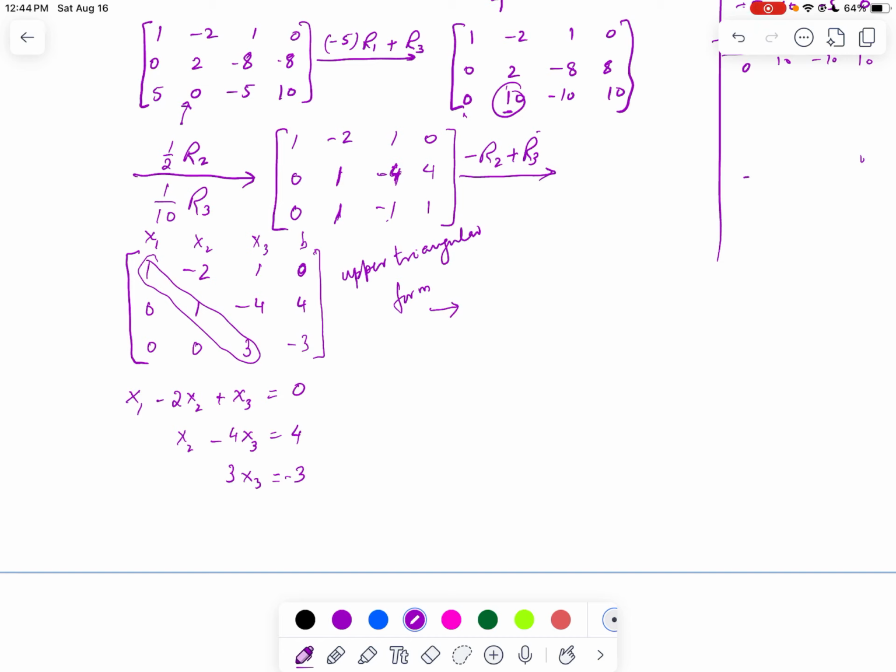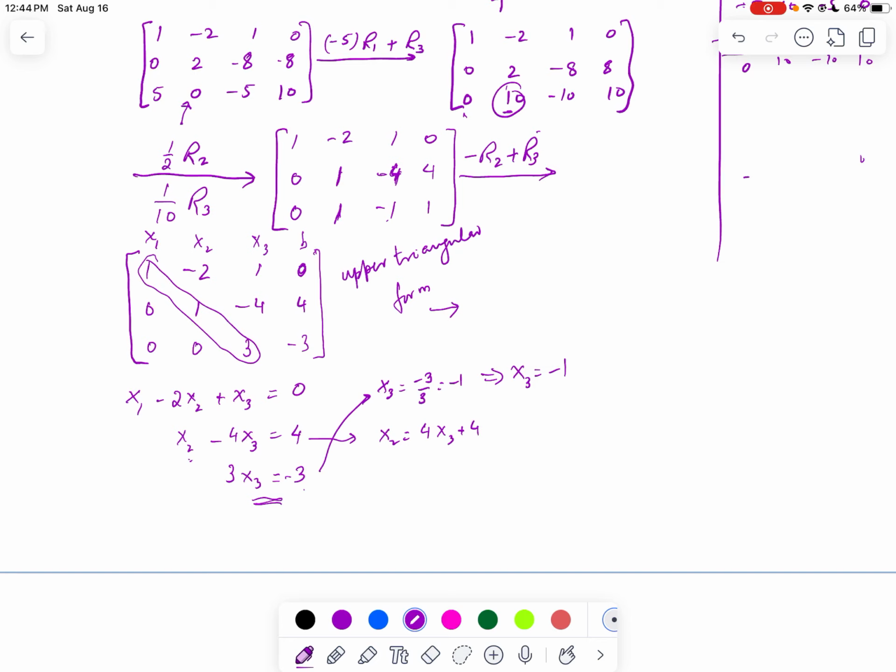So now you see again this is also like upper triangular form. We can start from here. From this equation, we get x3 equals negative 3 over 3, which is negative 1. So x3 is negative 1. Now we take this value and substitute in this one, which gives me x2 equals 4x3 plus 4.